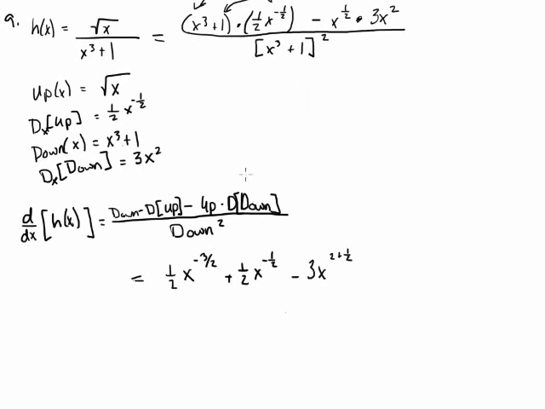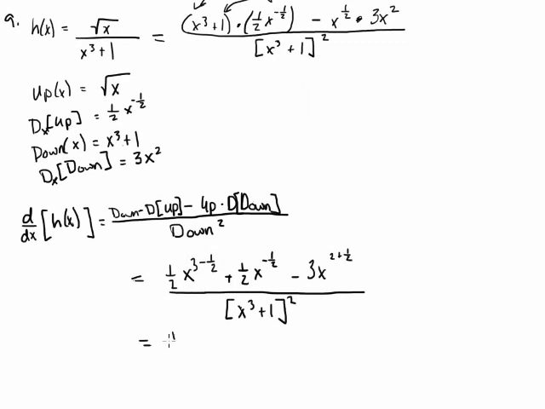Oh, I messed that up here. This should be x to the 3 minus 1/2, because I'm multiplying them together. So this is incorrect and should be x to the 3 minus 1/2. Alright, then this is divided by x cubed plus 1 quantity squared.